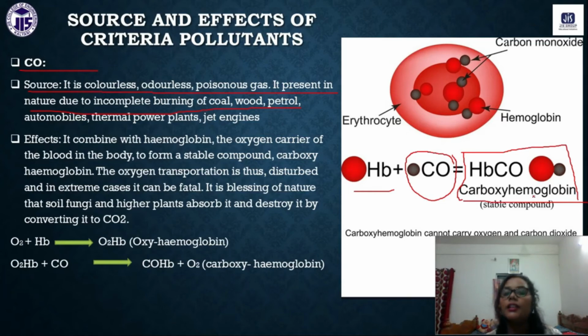And if the oxygen cannot reach the cell, what will happen? The death of the cells will take place, which is very harmful for us. Okay, so these are some of the harmful effects of carbon monoxide that we have.